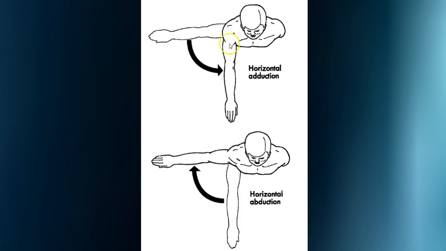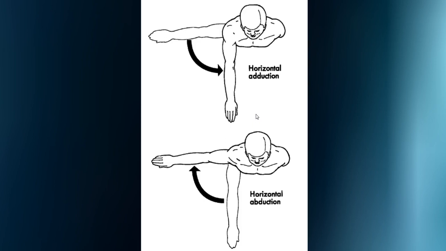We're taking the arm either away from the midline in this bottom picture here, or towards the midline in this other one here, but it's in a horizontal sense. So this person has their arm flexed out in front at about 90 degrees of flexion, and then in the picture at the bottom here, they're abducting that arm away from the midline, but in a horizontal sense, and that's known as horizontal abduction. And when they pull it back across their body in that horizontal plane, that's known as horizontal adduction.